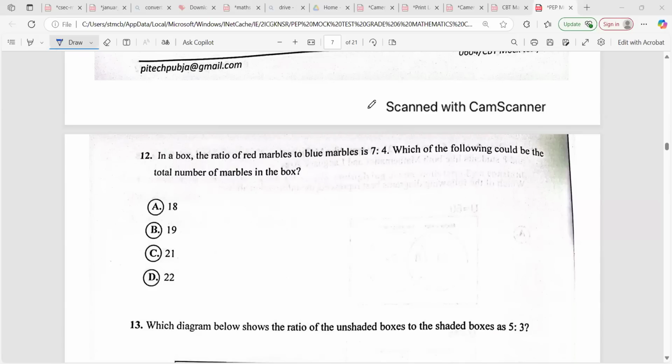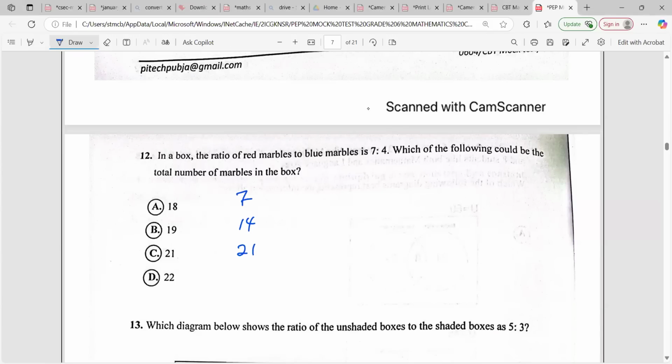So, sir, what I did, I counted up 7 four times. So 7, 14, 21, 28. So, sir, this is how I got C, 21, because it's listed as a factor of 7 and 4. Okay, so your answer is C. Yes, sir. Thanks so much.